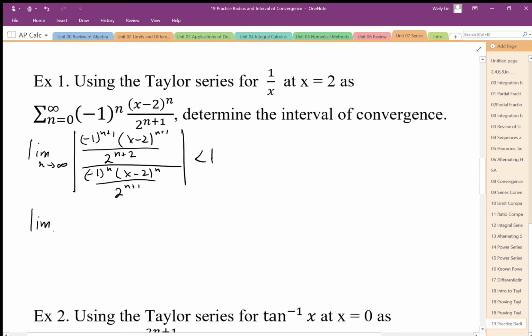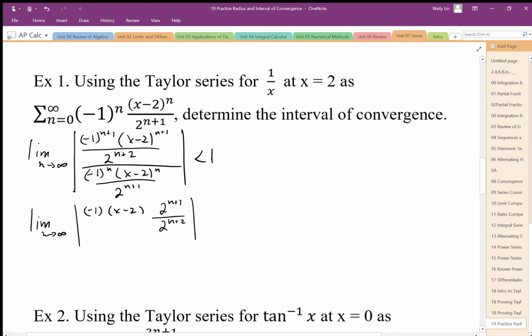Limit as n approaches infinity, this is going to be just -1. We're going to end up with x minus 2 to the power 1, and then 2 to the power n plus 1 on top, and 2 to the power n plus 2 on bottom.